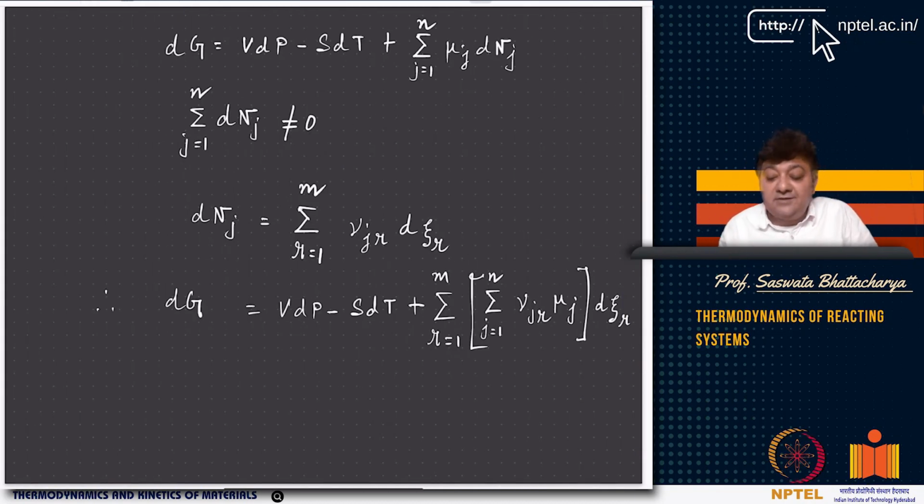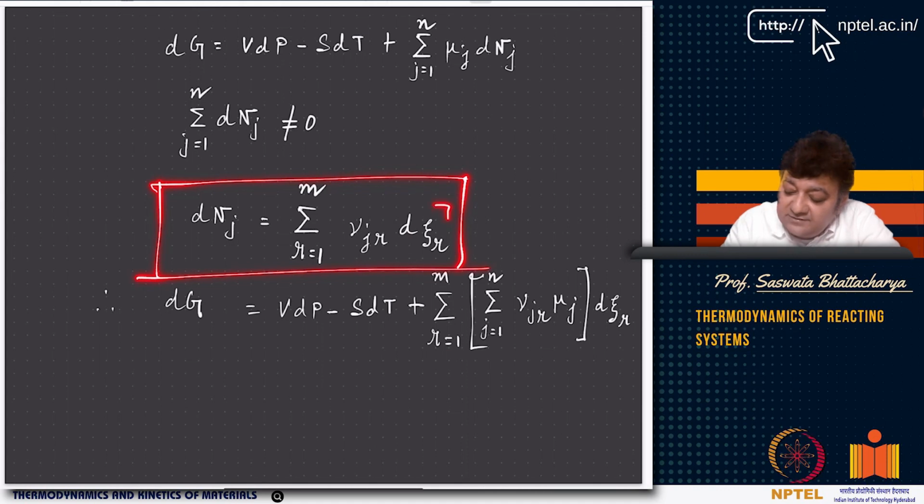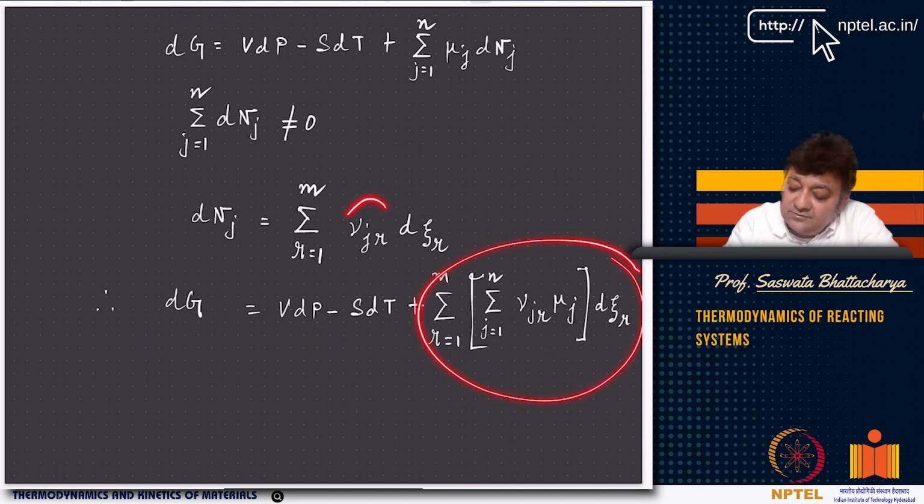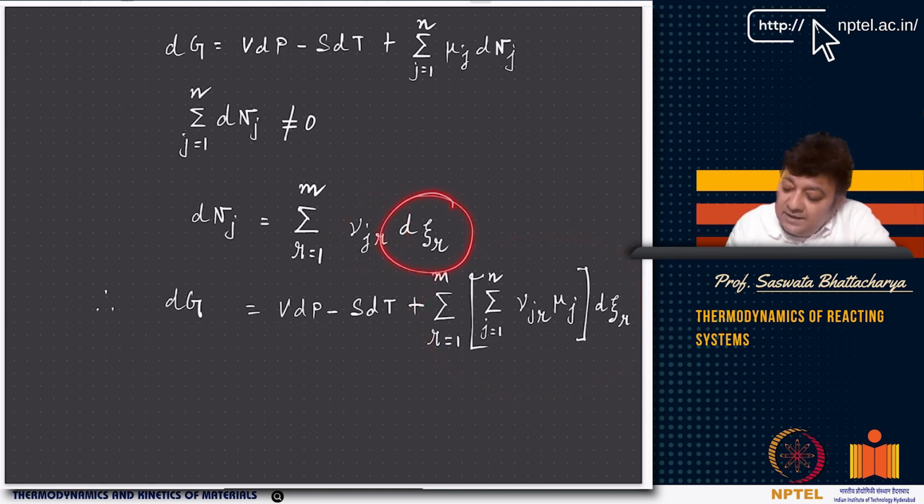Now if you look at the change in free energy, the dissociation constant is no longer valid, but you have this relation where you have the extent of reaction. So basically dG equals V dP minus S dT plus this entire term, where you have d xi r, nu jr, and mu j dnj.